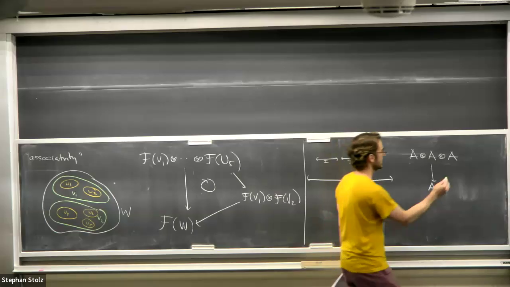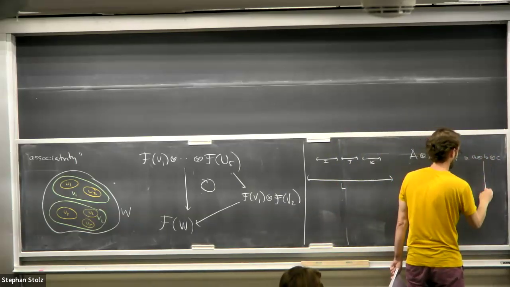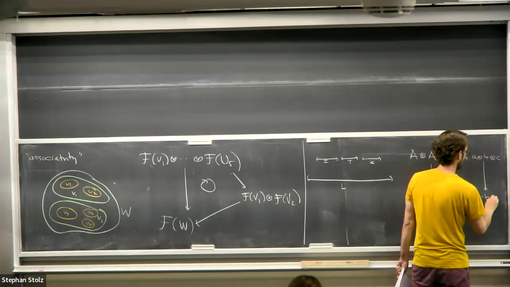I'm going to send a tensor b tensor c in here and get a times b times c.